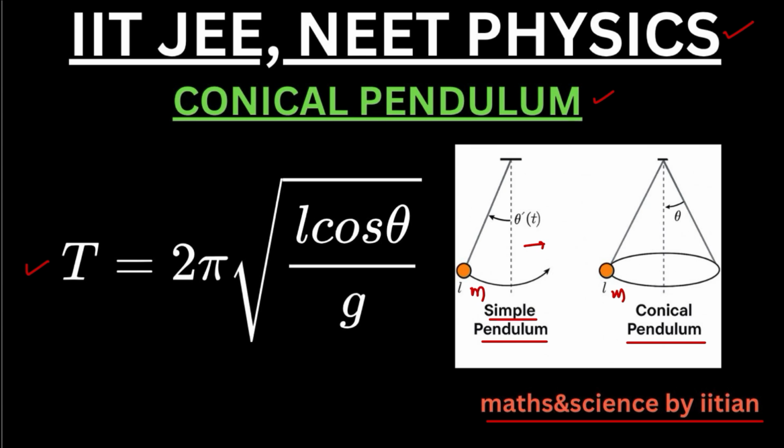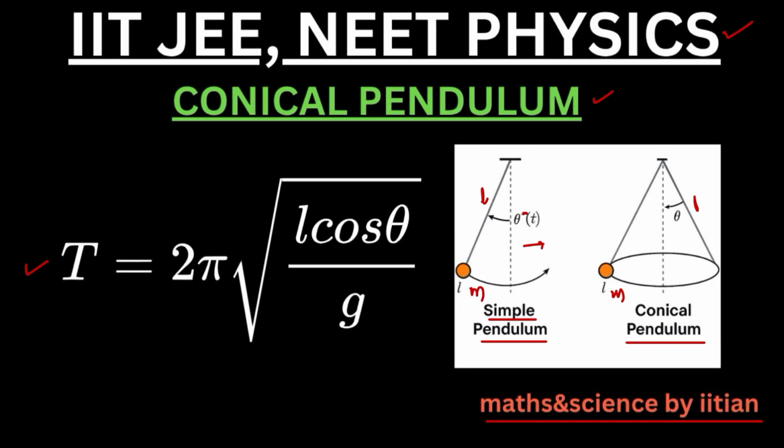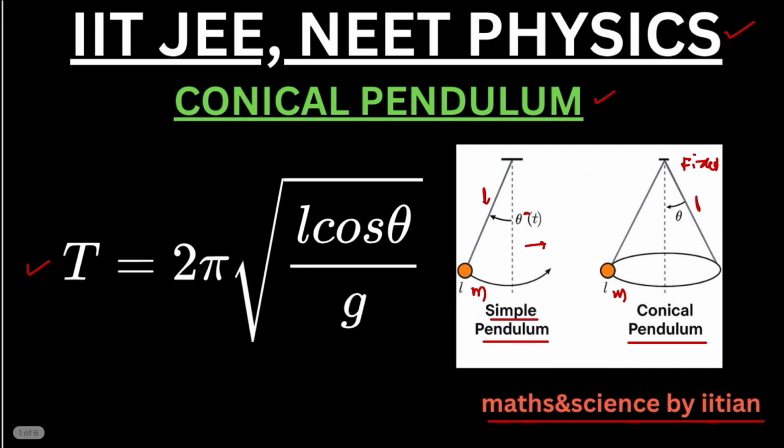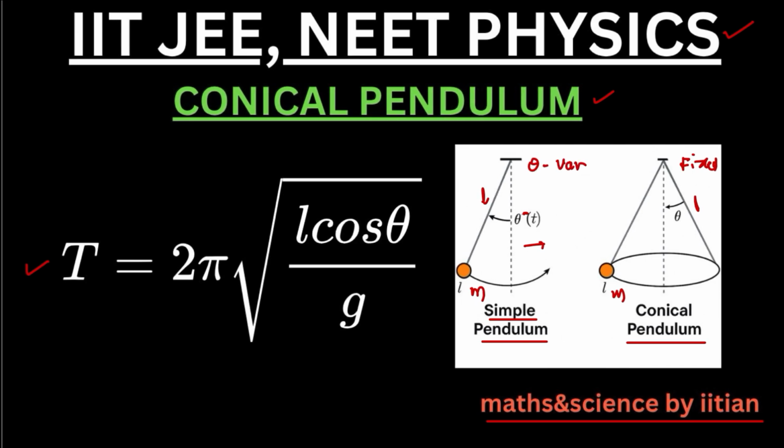Both masses are hung by a massless string of length L, and the angle from the vertical for a simple pendulum changes, whereas for a conical pendulum it is fixed during the motion. In a conical pendulum theta is fixed. For a simple pendulum theta varies.